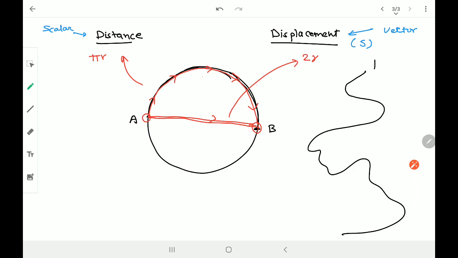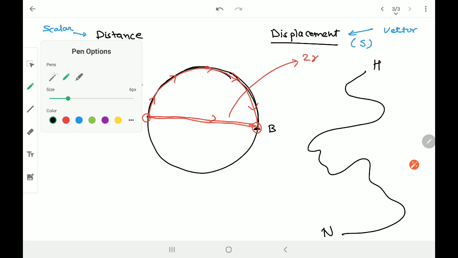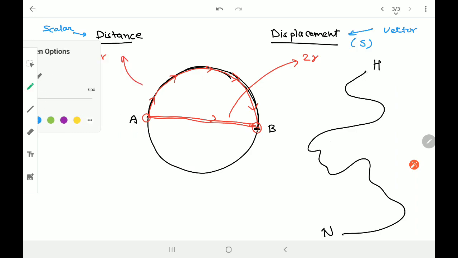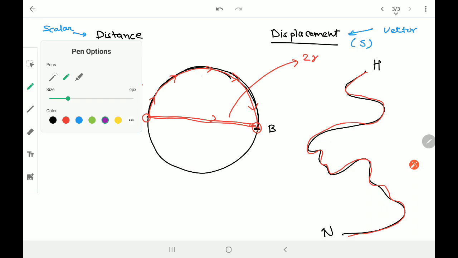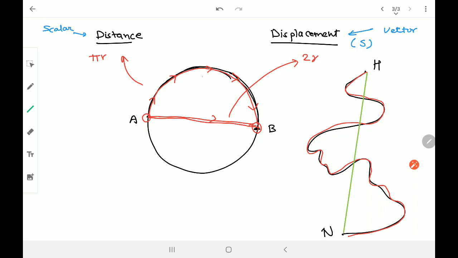It was at point H and now it is at point N. The length of the path that the hen has traveled from H to N is called the distance, whereas the direct distance from H to N is called the displacement. That green color is displacement and this red color is the distance. Idea clear? I hope you understand.